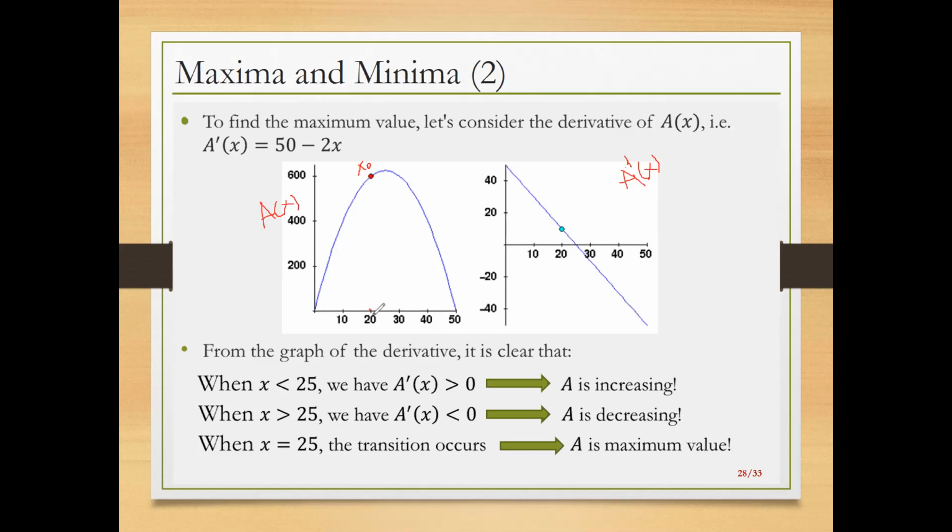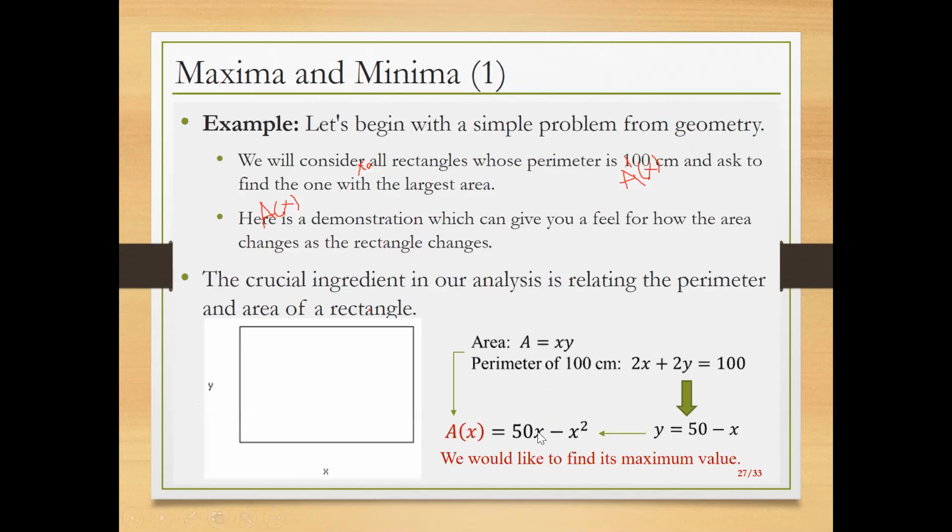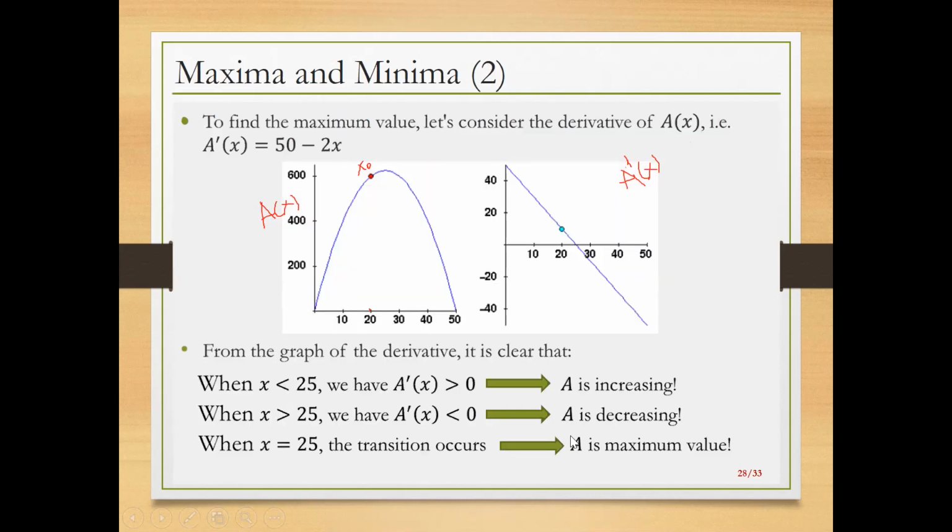So in this function, if I plug in 20 in my A(x) function, what was the function A(x)? The function A(x) was 50x minus x squared. So if I plug in 20 over here, what would it give me? 1000 minus 400 would be 600. So it would give me 600.